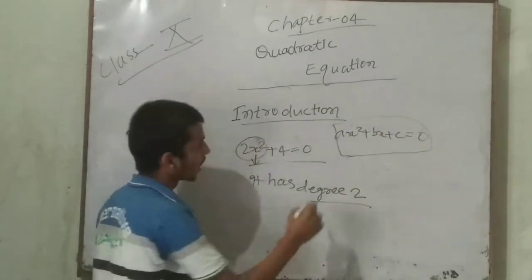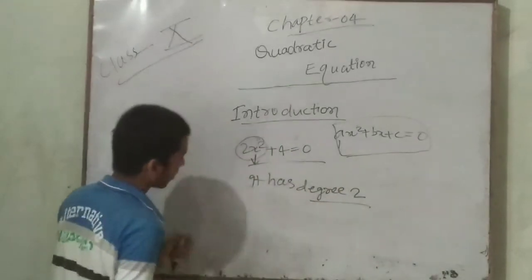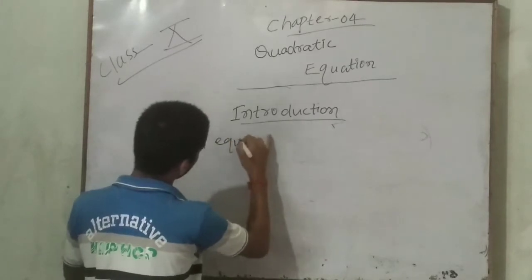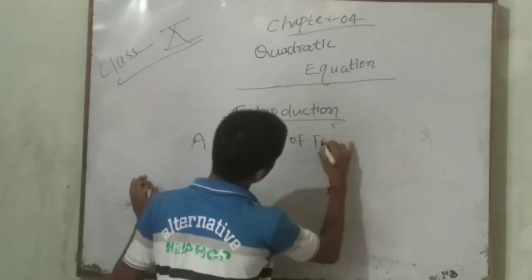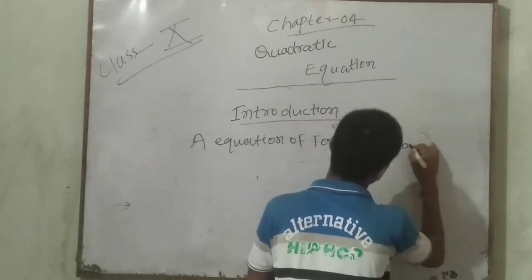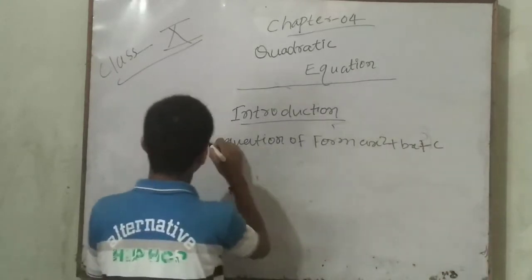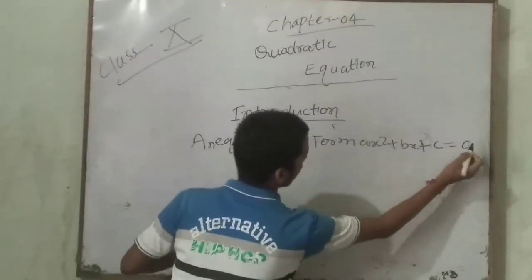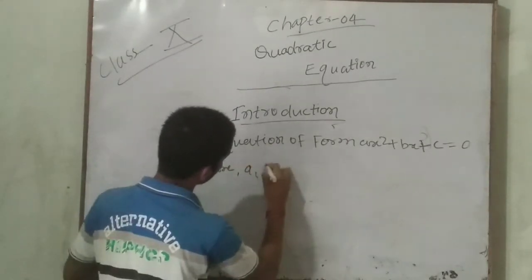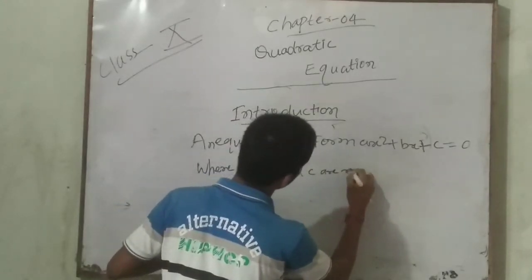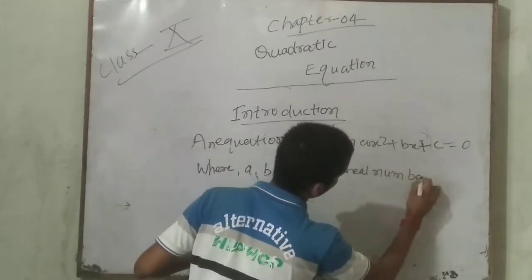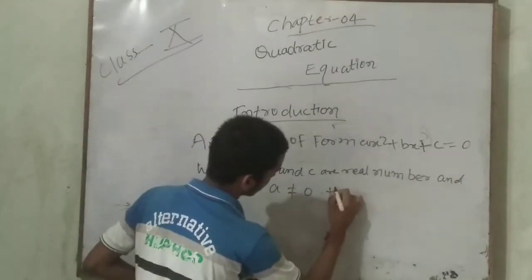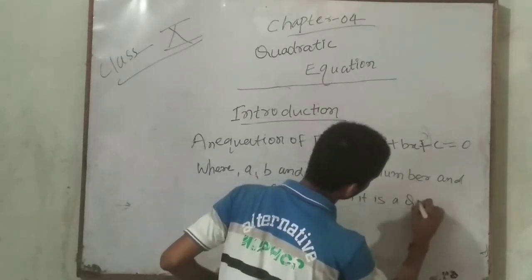Definition: an equation of the form ax square plus bx plus c equal to 0, where a, b and c are real numbers and a should not be equal to 0, then it is a quadratic equation.